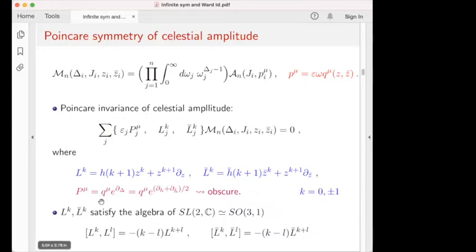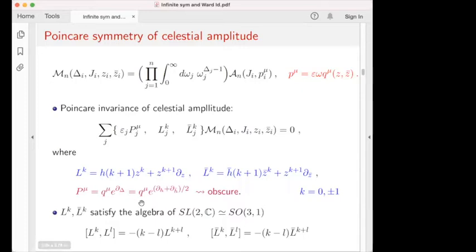For example, the translational generator is given here. It's given by the product of q mu times e to the partial derivative with respect to delta. This e to the d delta just implements the shift of dimension by 1. So if it acts on f delta, then we get f delta plus 1.